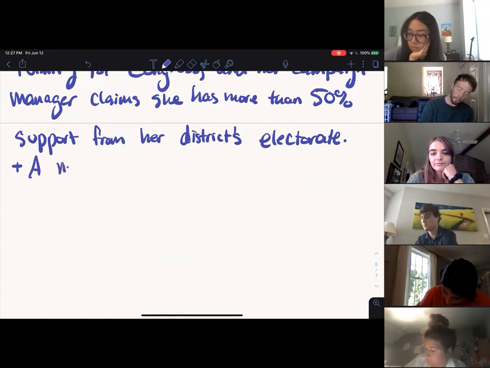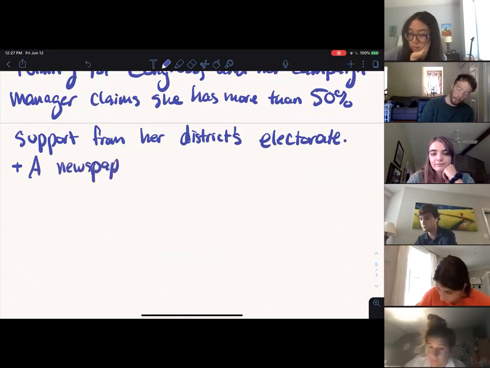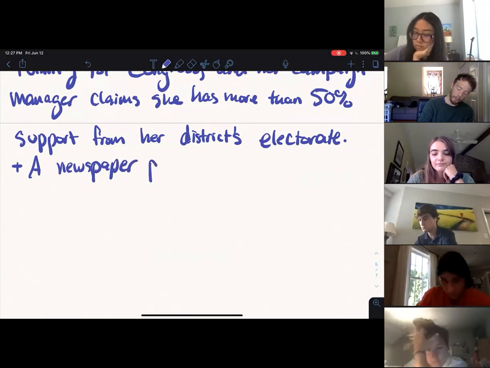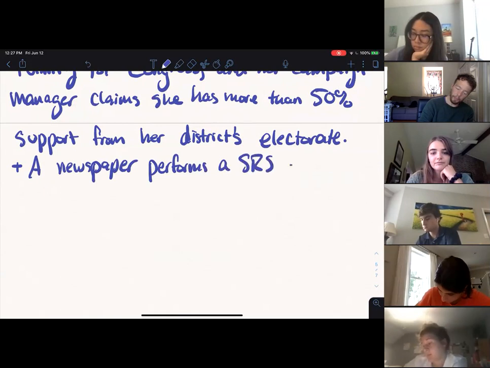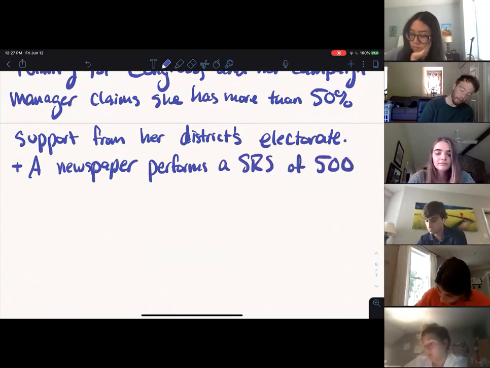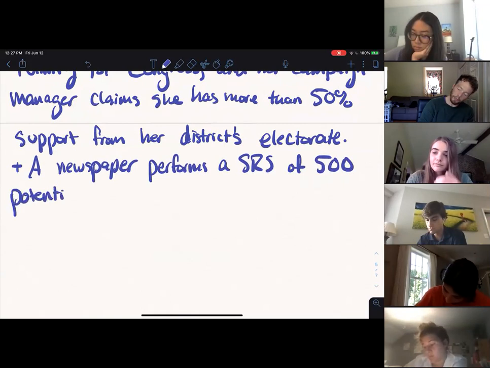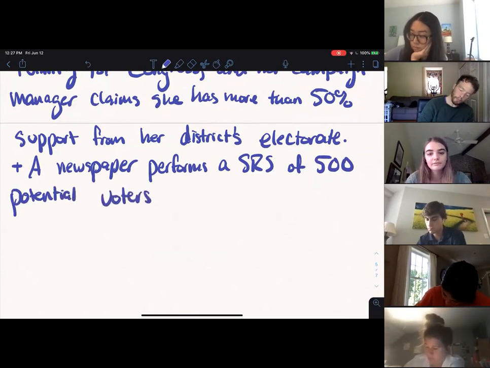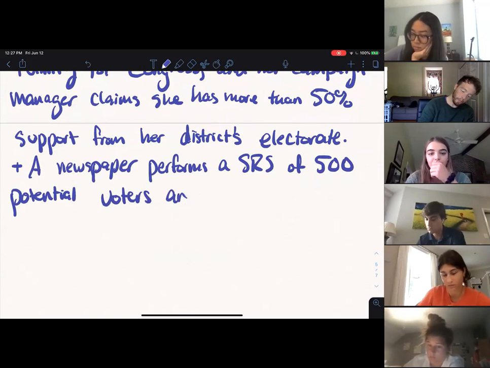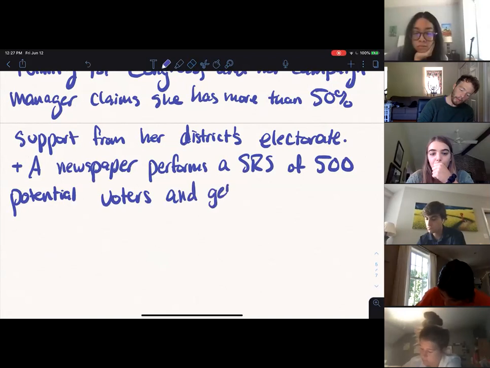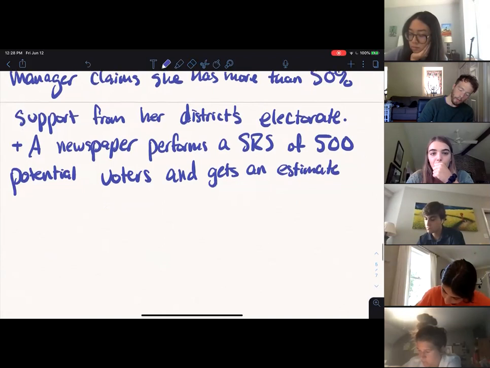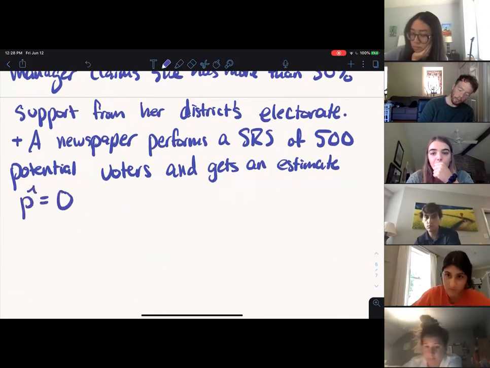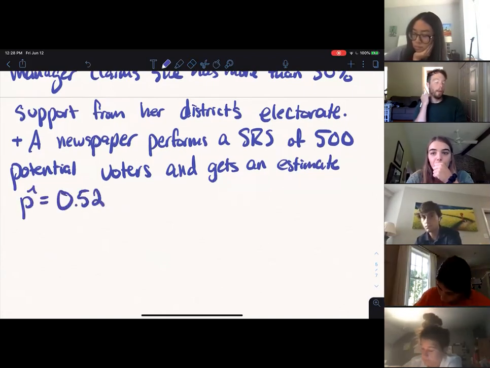A newspaper that wants to test this claim performs a simple random sample of 500 potential voters and gets an estimate of p hat is equal to 0.52.